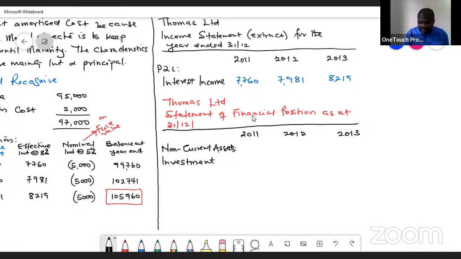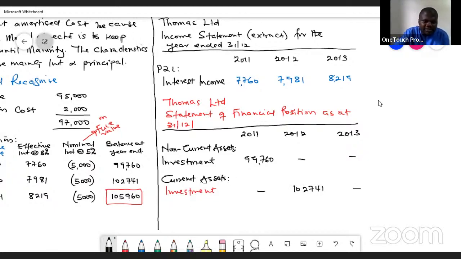Loan investments. So how much? 99,760. Then under current assets, we have investments. That is the one in 2012. That is 102,741.